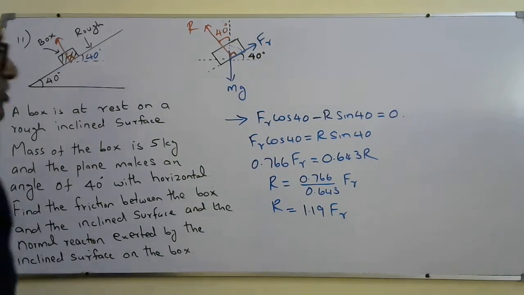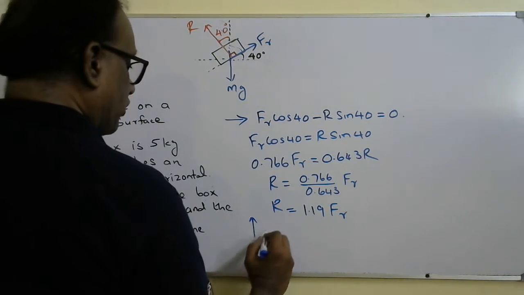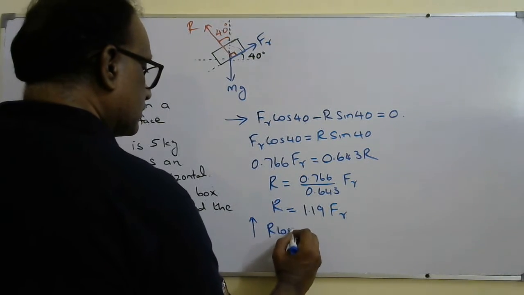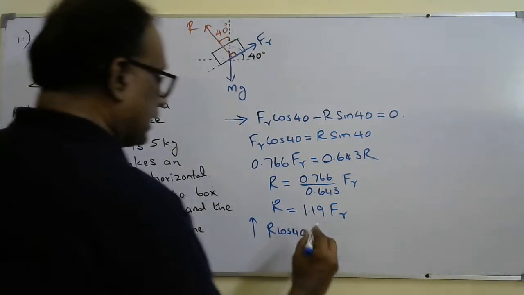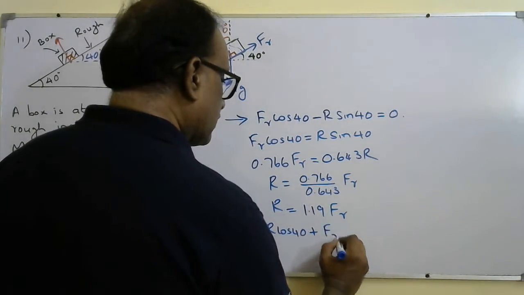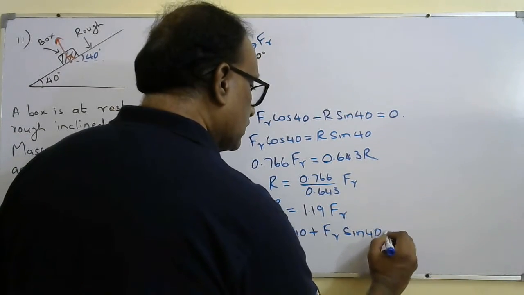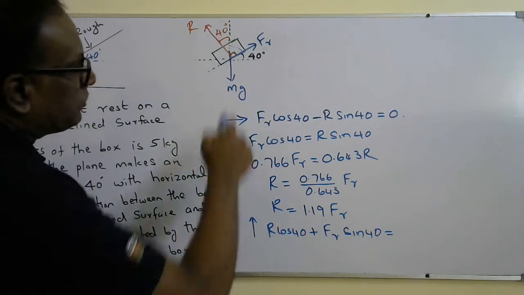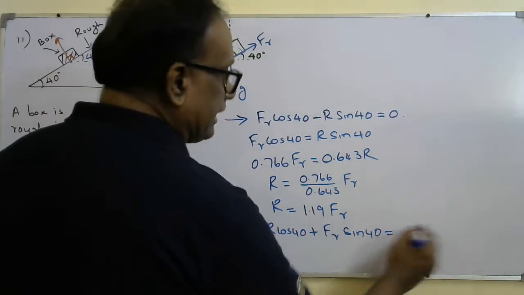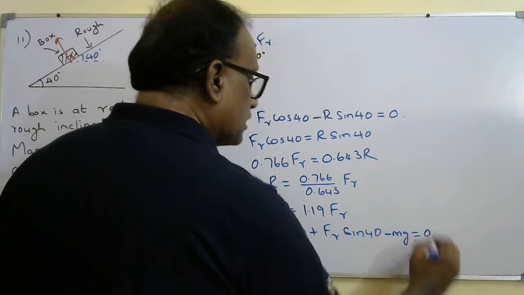Okay, now resolve vertically upwards. That means R cos 40. So if I resolve, R cos 40 plus Fr sin 40 equal to mg. So minus mg, or equal to mg. I put minus mg equals 0.